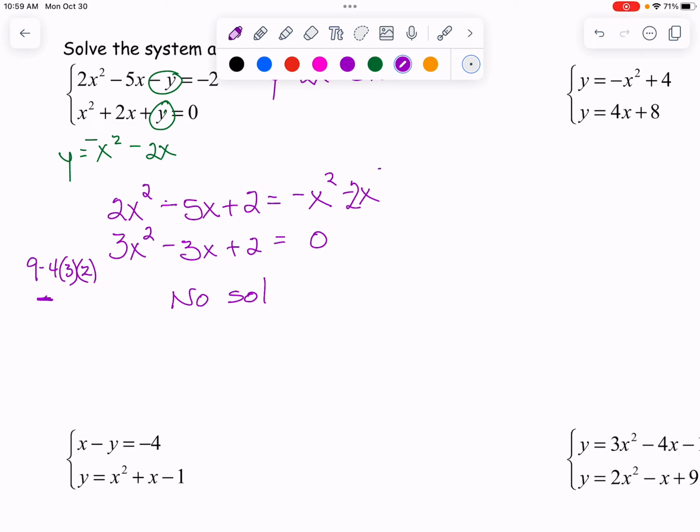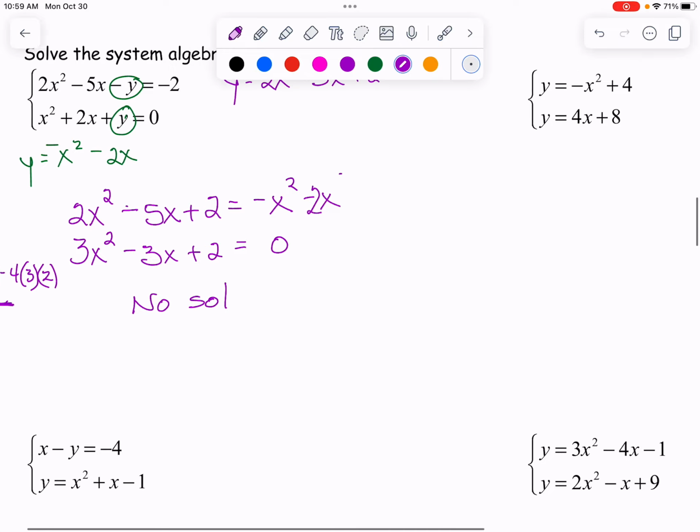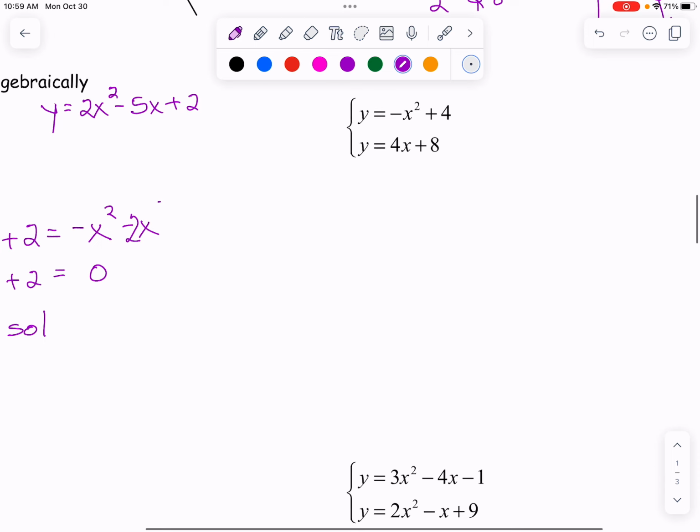Okay, the next one. All right, so the work has already been done for us. They have solved for y. So all we're going to do is set them equal to each other. So that would be negative x squared plus 4 equals 4x plus 8.